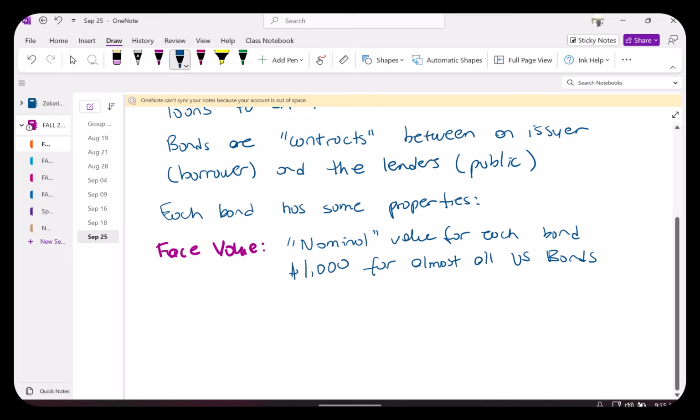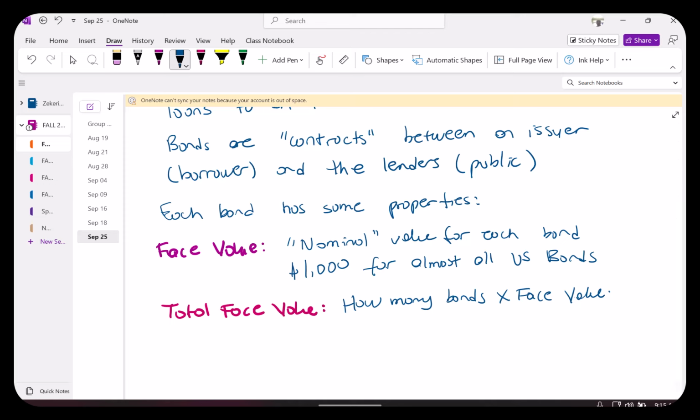It just happens to be a convention that has been around for a while. So you're going to have total issue amounts. That's how many bonds times face value. So if the total issue amount is $1 billion, that means I have 1 million bonds worth each $1,000 face value.